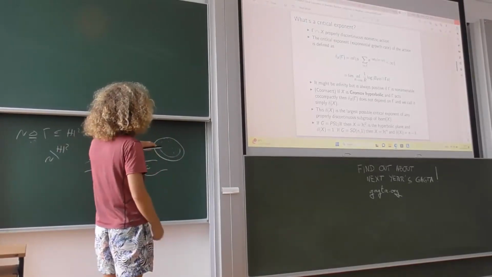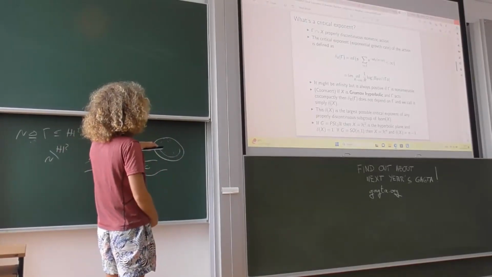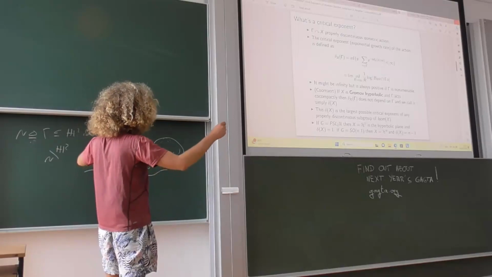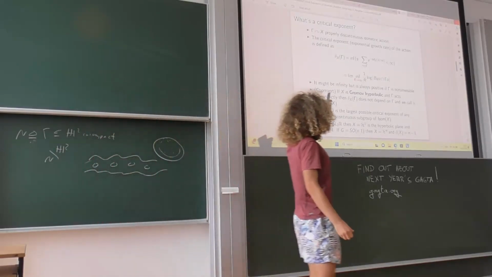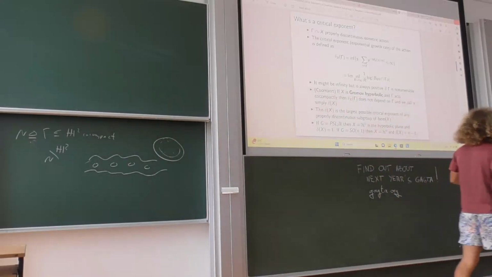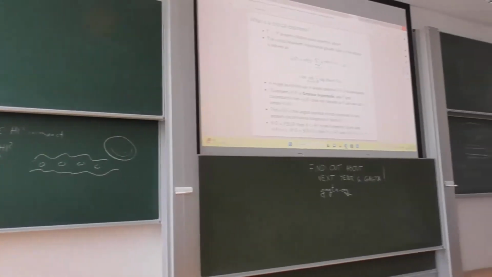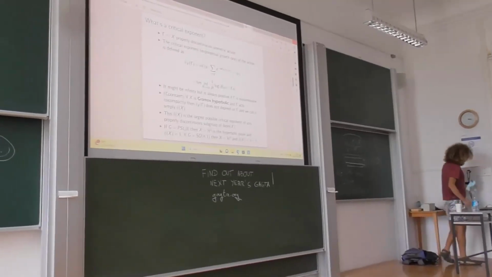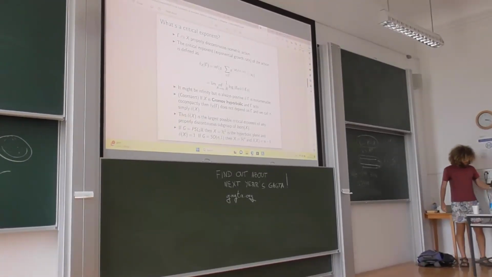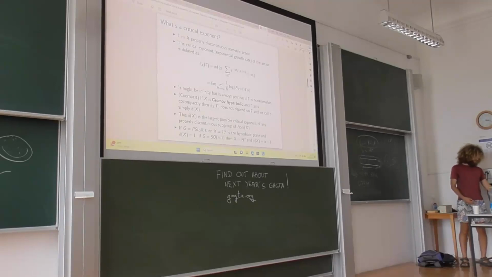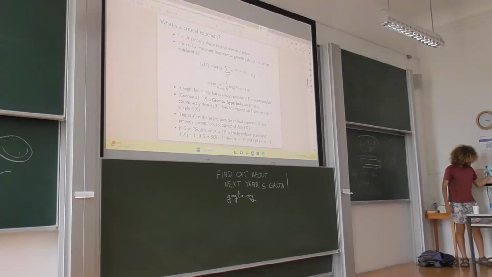Hopefully your action is properly discontinuous, so this is finite, but it gets bigger and bigger as your ball gets bigger. Then you take the log and divide by r and hope that you get something that converges.